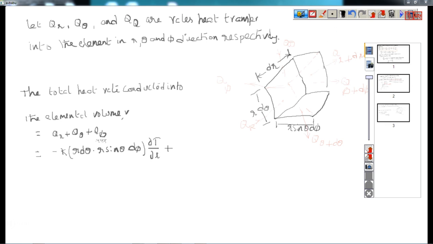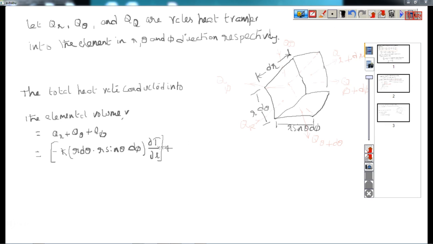the heat conducted into the element in the direction of theta. It is shown here, theta. Okay, this is written as, I will make use of square brackets here.